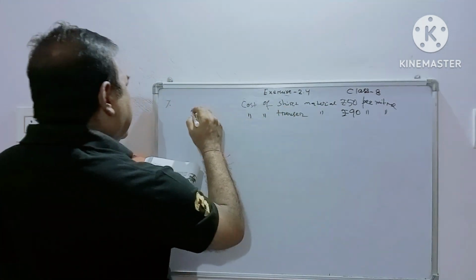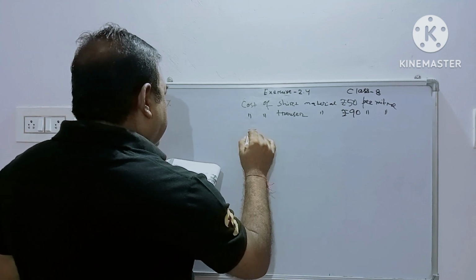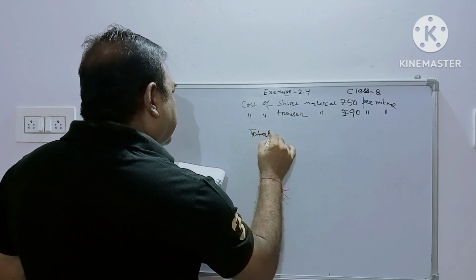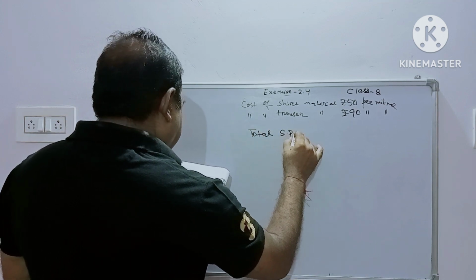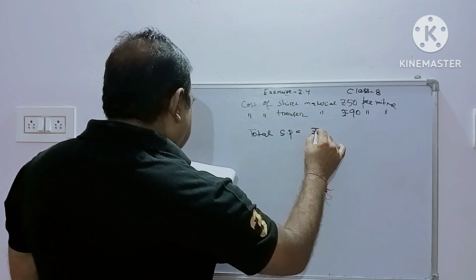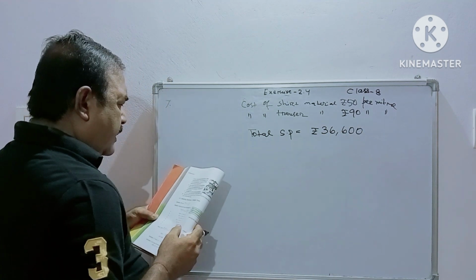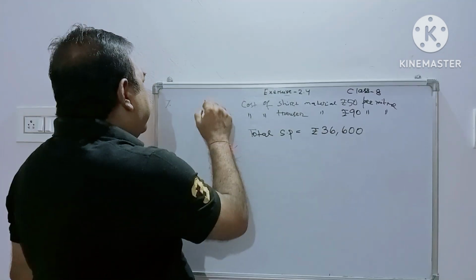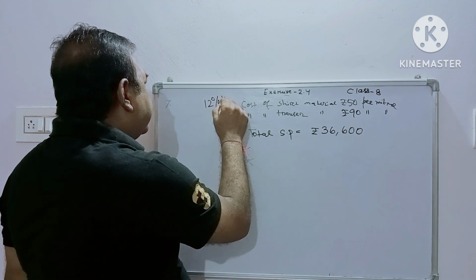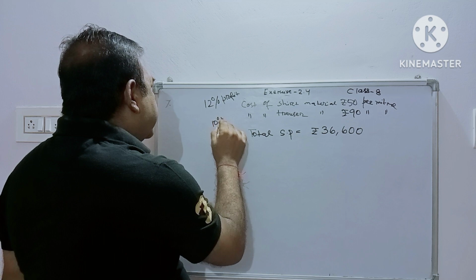So the total selling price is equal to rupees 36,600, with 12% profit on the shirt and 10% profit on the trouser.